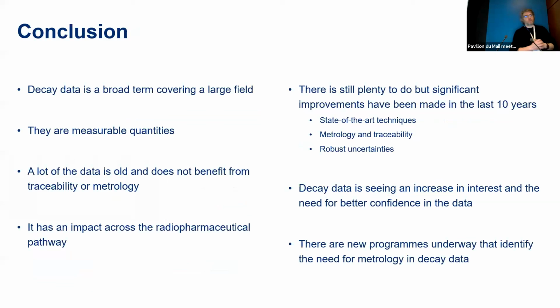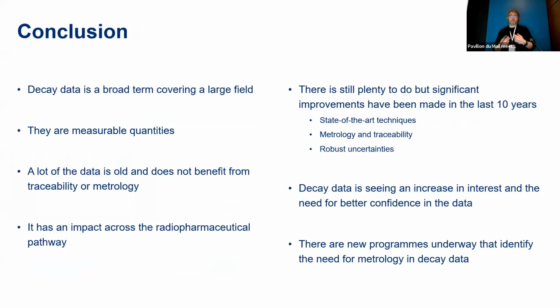So, final slide. In conclusion, decay data is a broad term covering a large field. Decay data are measurable quantities, and a lot of the data currently is old and does not benefit from traceability or metrology. So we need to do more to improve this data and go back and have a look at it. Nuclear decay data has an impact across the whole radiopharmaceutical pathway.